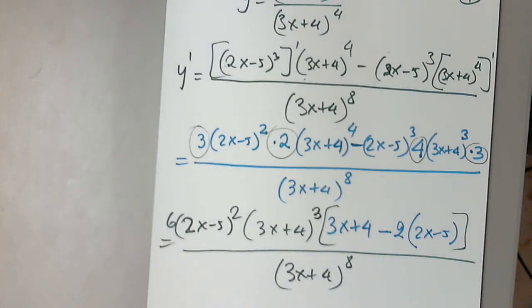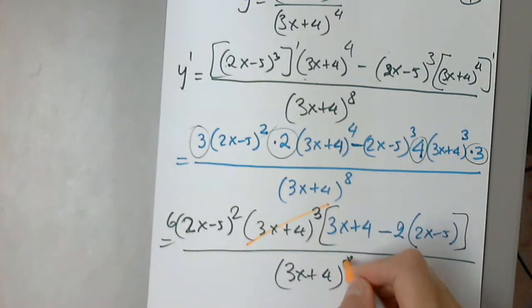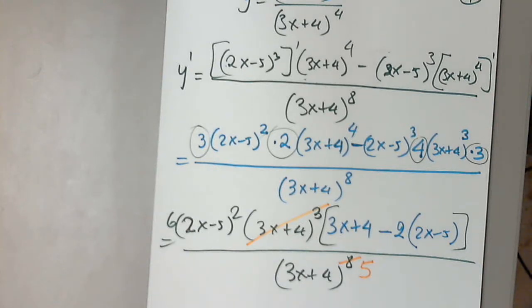Is this okay, everyone? Yes? At this point, and only at this point, I can do this. I remove 3 factors, identical factors on the top and 3 from the denominator.